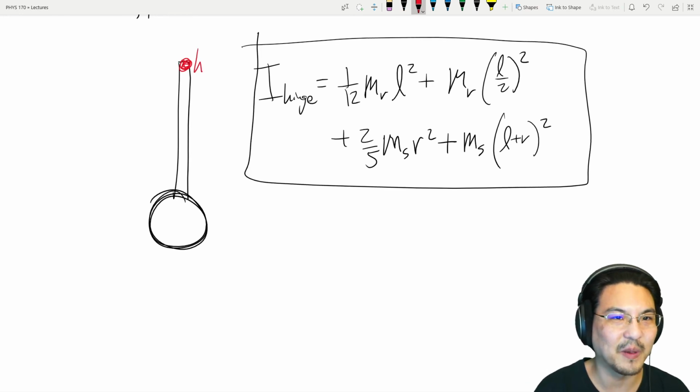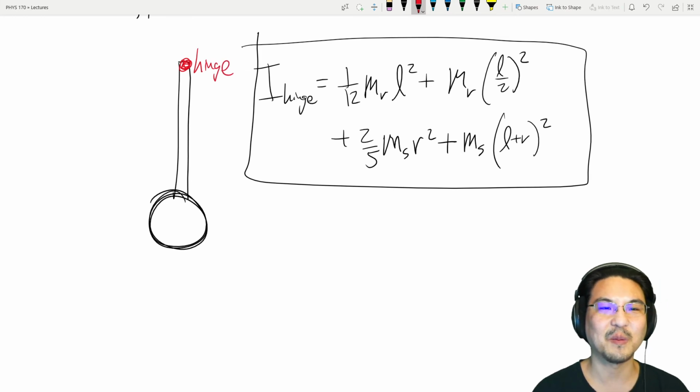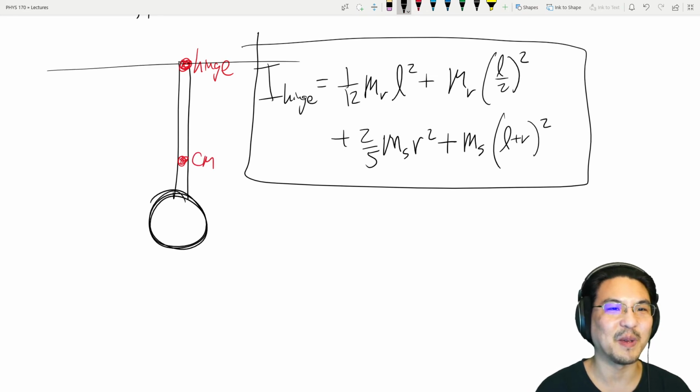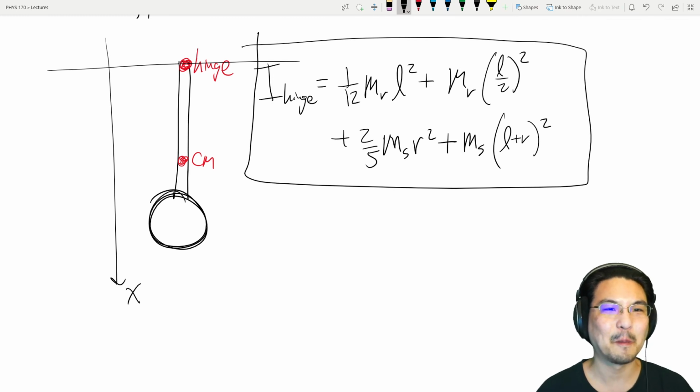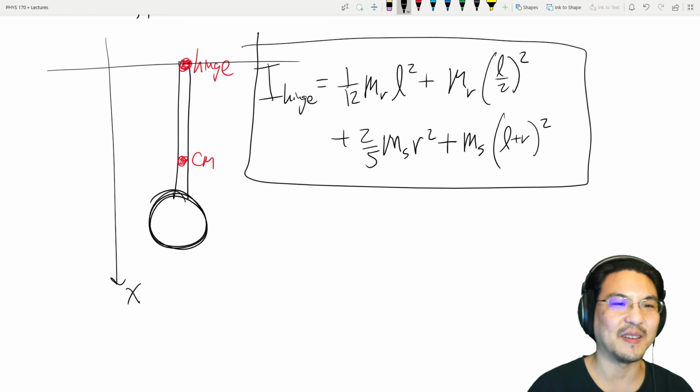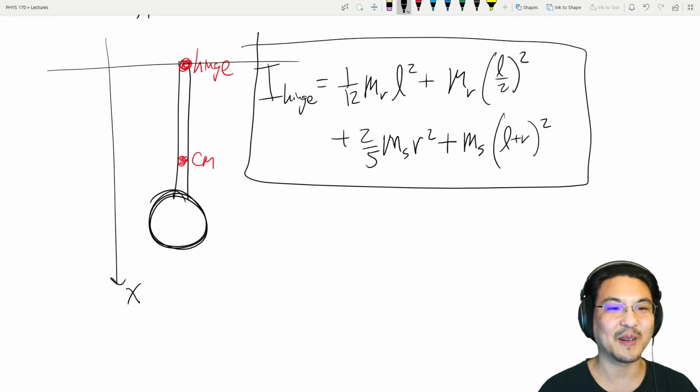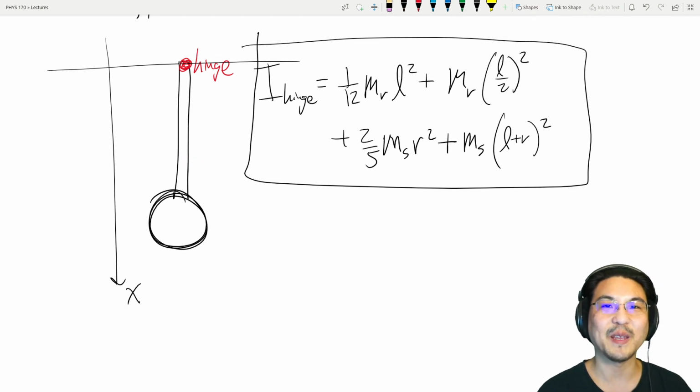What's the moment of inertia about the center of mass of the entire pendulum? Where is the center of mass? How do you get that? Let's pick a coordinate, how about like this? I'll call this x. In the x direction, we want the mass-weighted mean position.